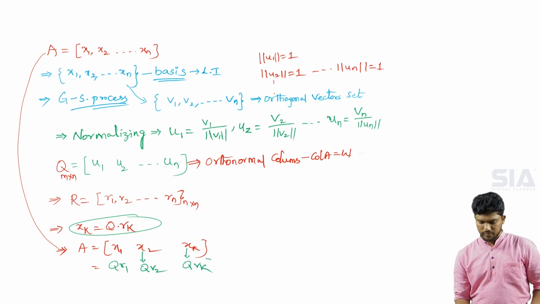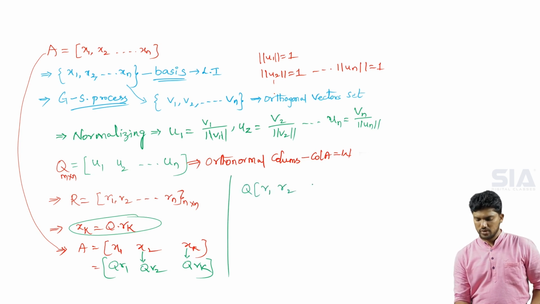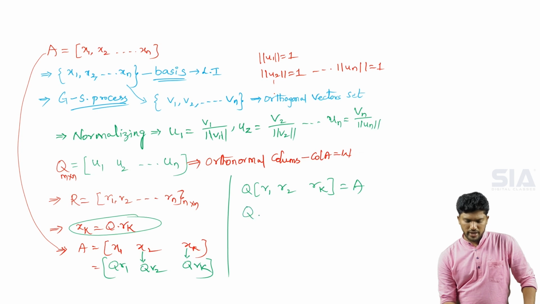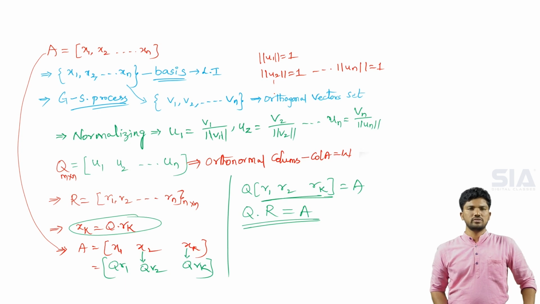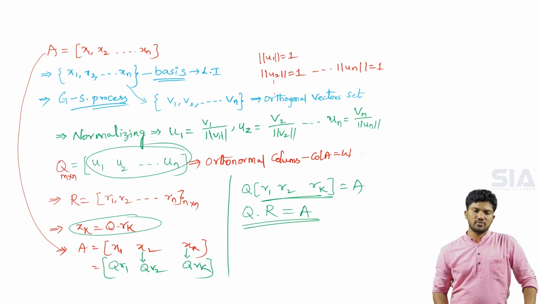Taking Q common from these values, you will get r1, r2, up to r suffix k. On the LHS you have capital A, and on the RHS, Q into this total value which we have considered as capital R. Therefore capital A is equal to Q into R, where Q has the orthonormal columns of the column space of A, as we proved.